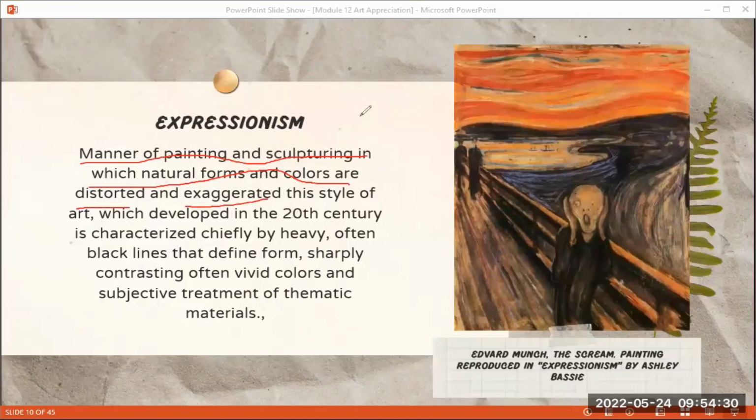This style of art developed in the 20th century, and it is characterized chiefly by heavy, often black lines that define form and sharply contrasting, often vivid colors and subjective treatment of thematic materials. This is Edvard Munch's The Scream, painting reproduced in Expressionism by Ashley Basie.